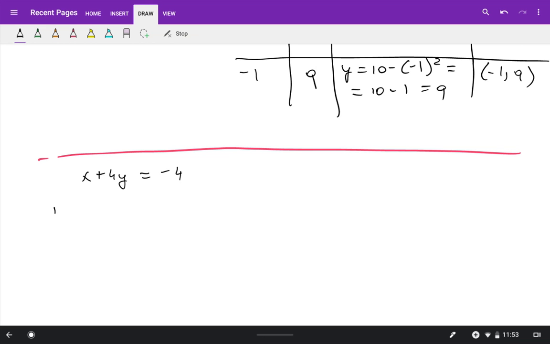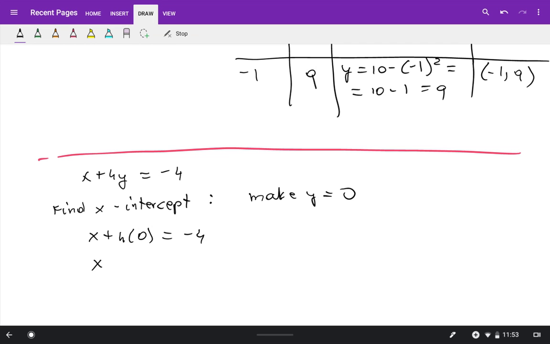So what you need to do is find the x-intercept by making y equal 0. So x plus 4 times 0 equals negative 4. So you're getting x plus 0 equals negative 4, which means x equals negative 4. So this is the x-intercept, which means you have on the graph the point negative 4 comma 0.